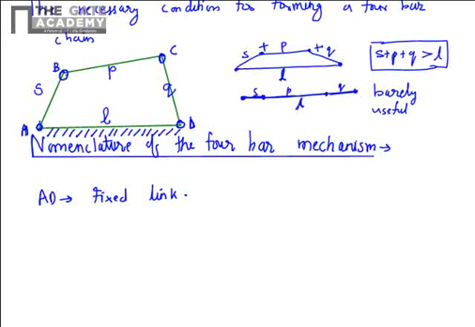The link AB is normally regarded as the input link, from where the energy input or the motion input is coming, that is usually through a motor, and this is called the input link.